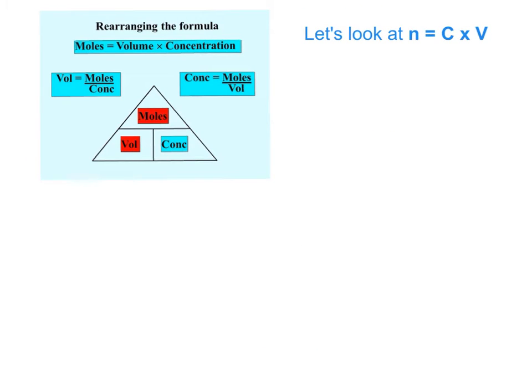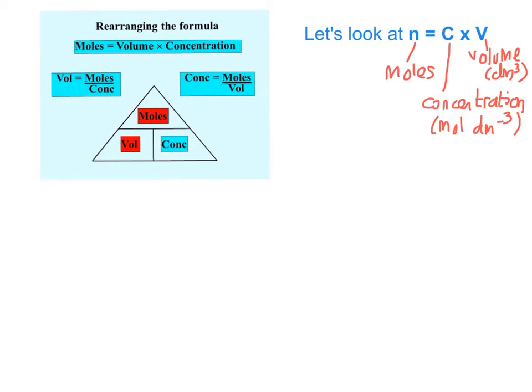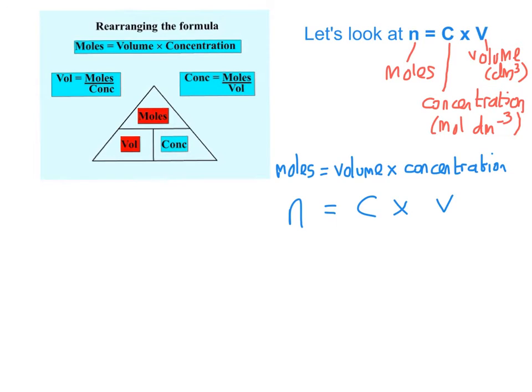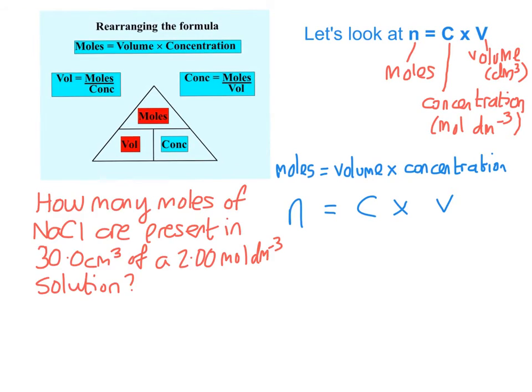So let's start with n equals c times v, where n is equal to the moles, c is equal to the concentration in moles per decimeter cubed to the -3, and volume equals decimeters cubed. So let's say we were doing a question. This one, first of all, is easy because the subject is moles.